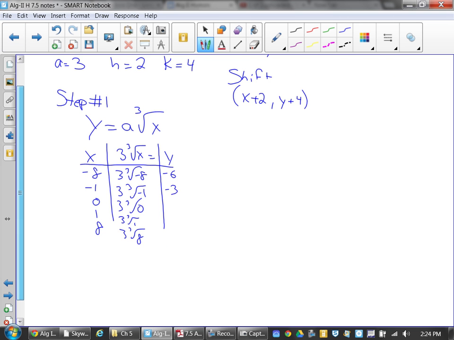You get -3, 0, 3, 6. For this parent function, that gets me my ordered pairs.